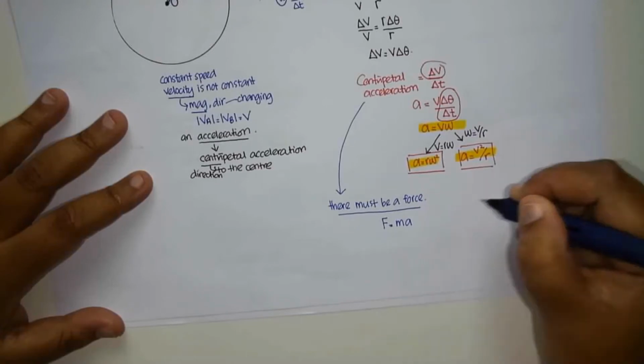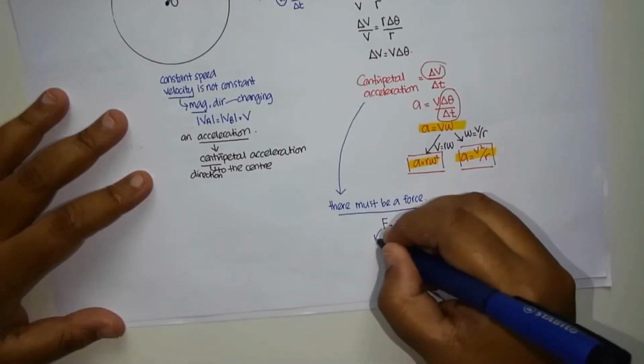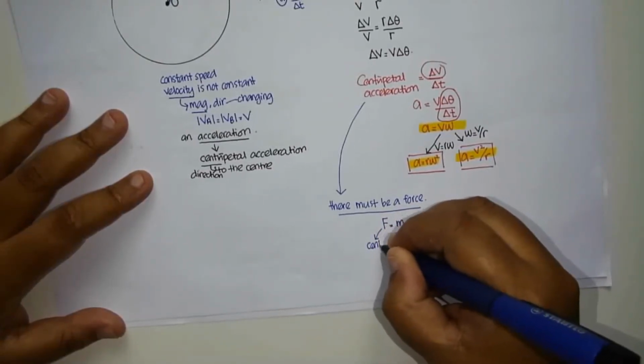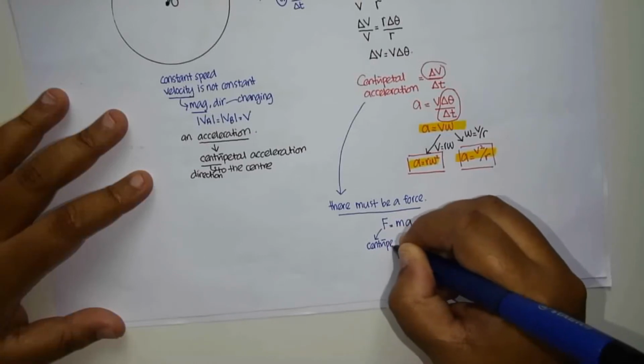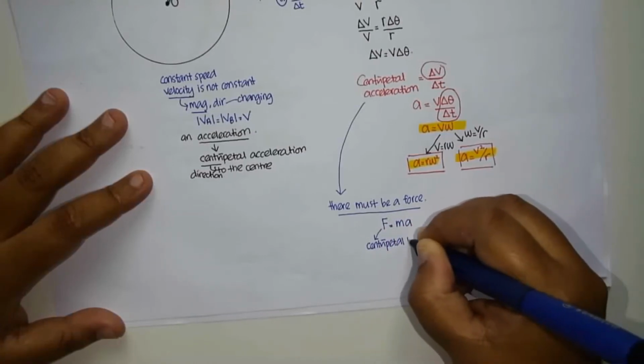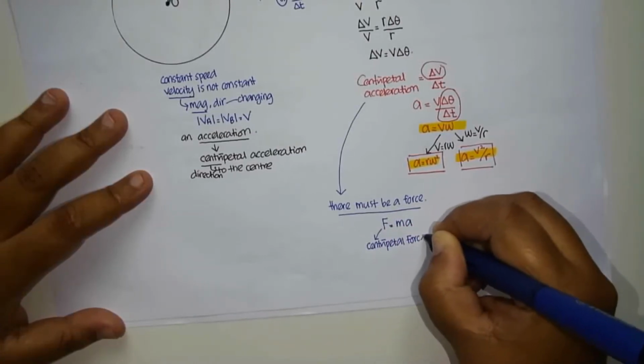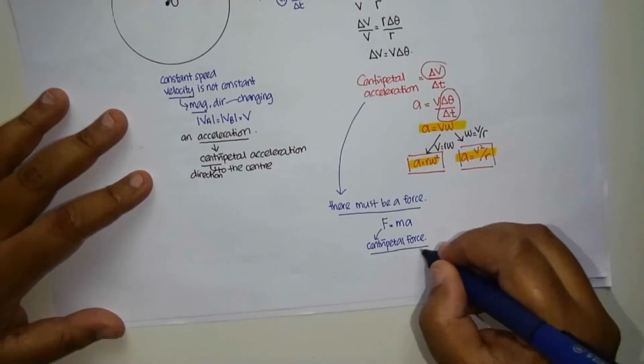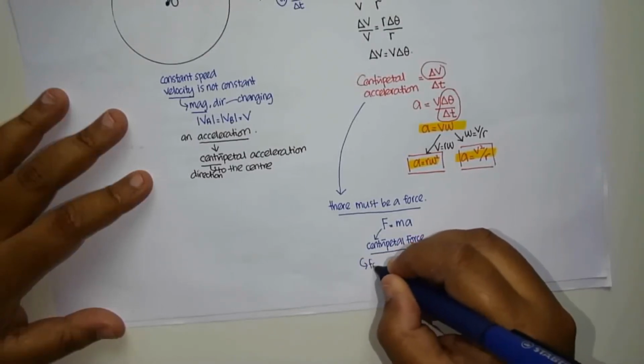ma, correct? Now what is F? F is called the centripetal force. Centripetal force is a force towards the center.